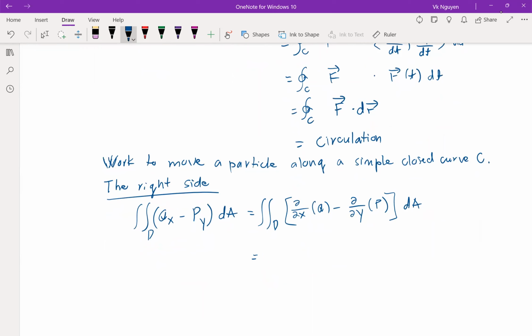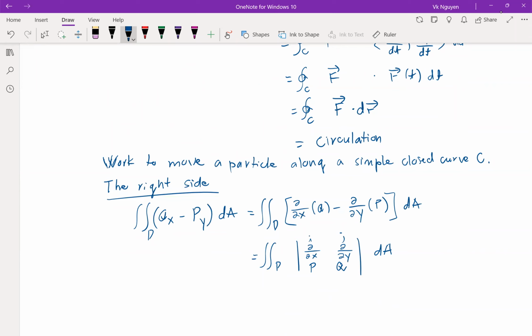And then this one, well, it does look like a determinant of some sort. It looks like this: the determinant of i, j, partial x, partial y, P, Q, dA.